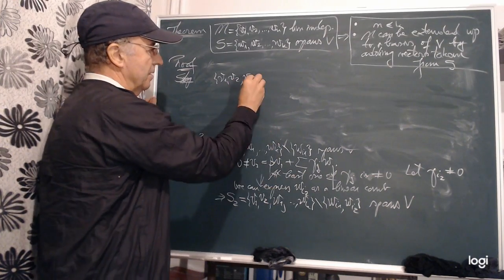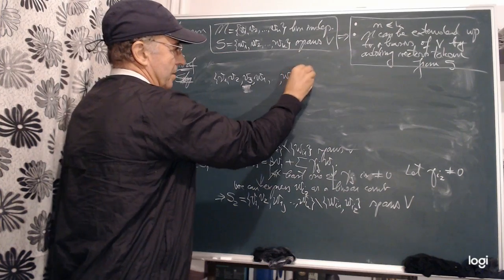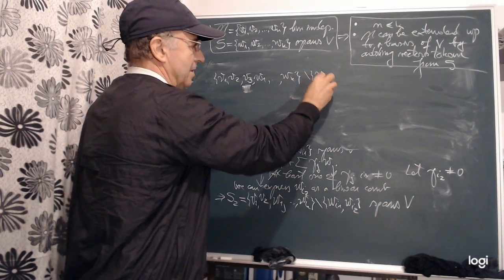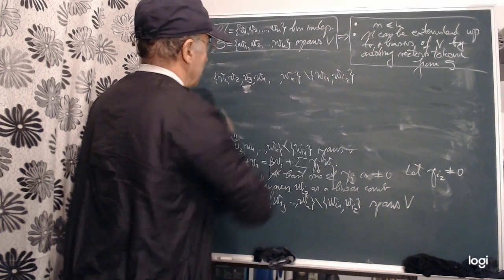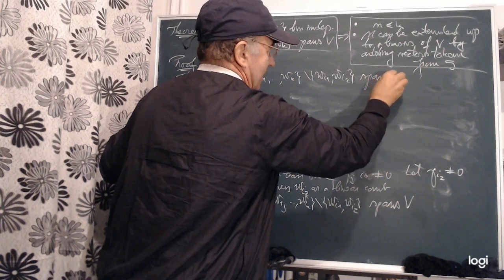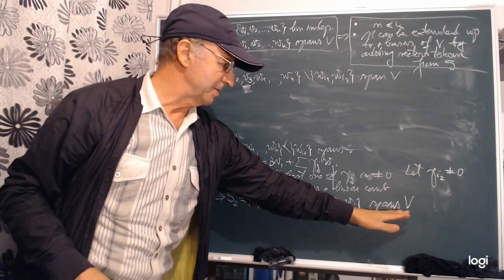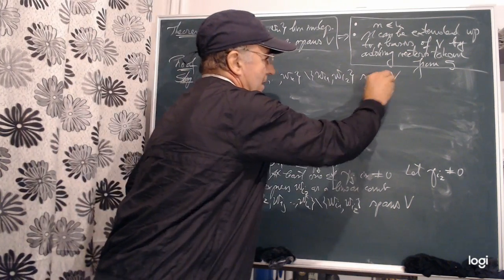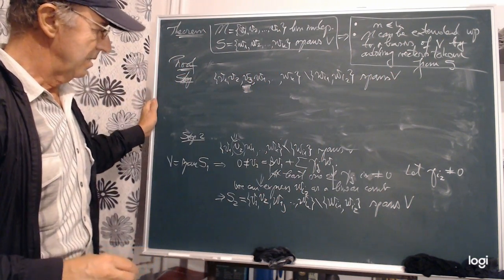And here is W1 up to WK, and we have eliminated Wi1 and Wi2. This system spans V, and we have added this vector.